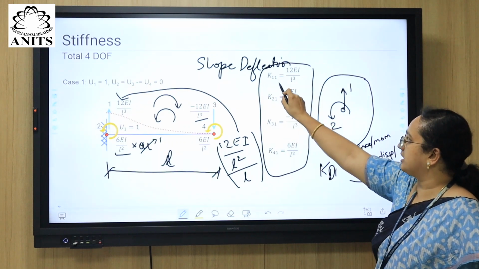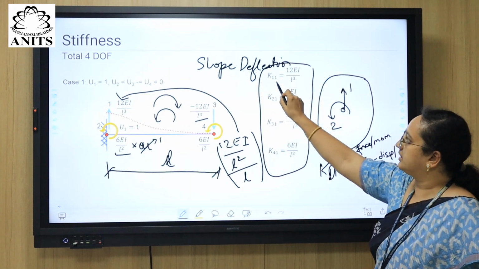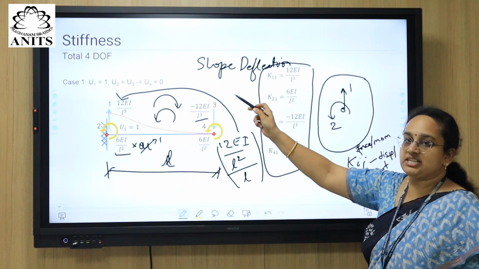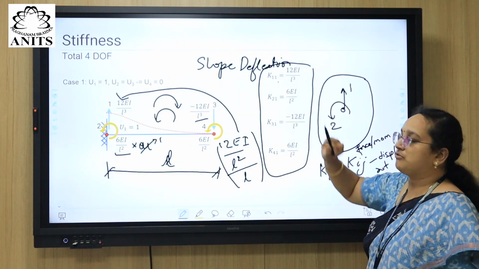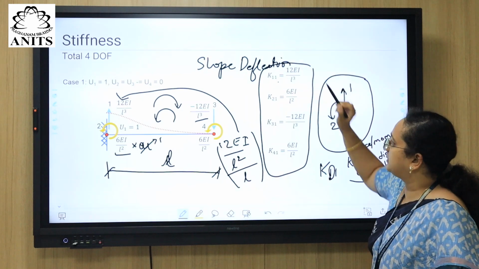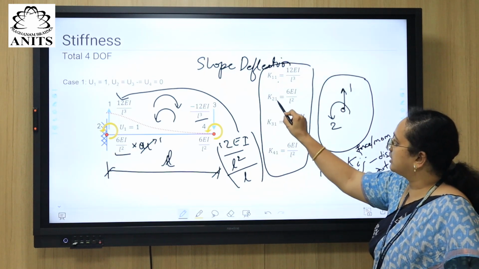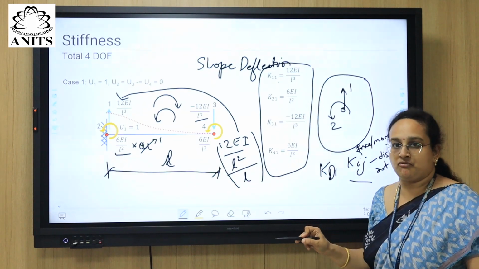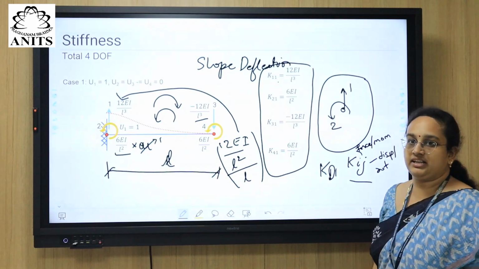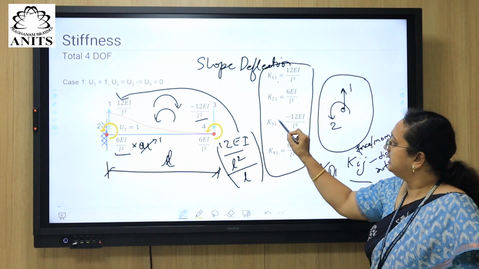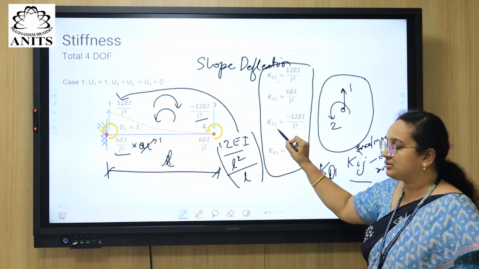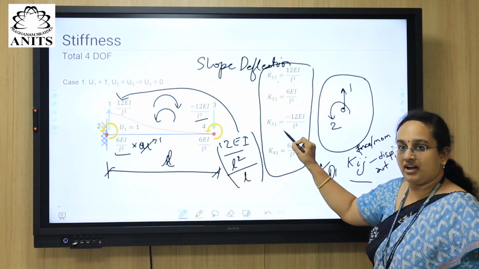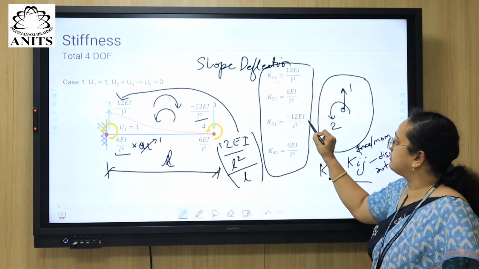Now K11 indicates force required in degrees of freedom 1 when unit displacement is applied in degrees of freedom 1. That is 12 EI by L cube. Now force required in degrees of freedom 2 due to displacement in degrees of freedom 1 will give you 6 EI by L square. Similarly, stiffness or force required in degrees of freedom 3 due to displacement in degrees of freedom 1 will result in minus 12 EI by L cube.